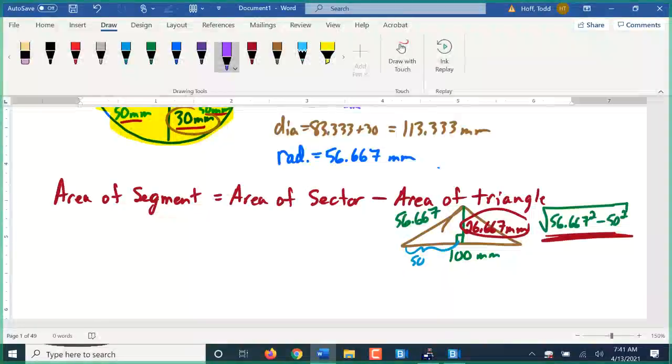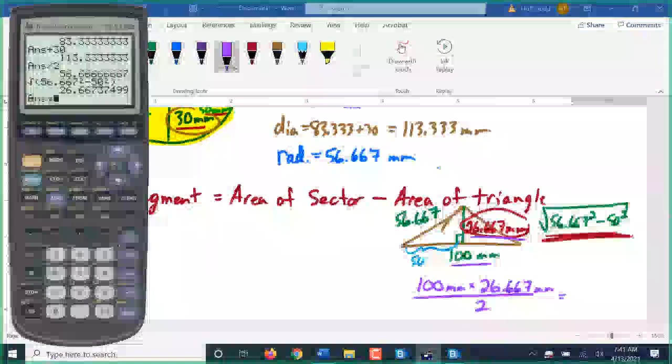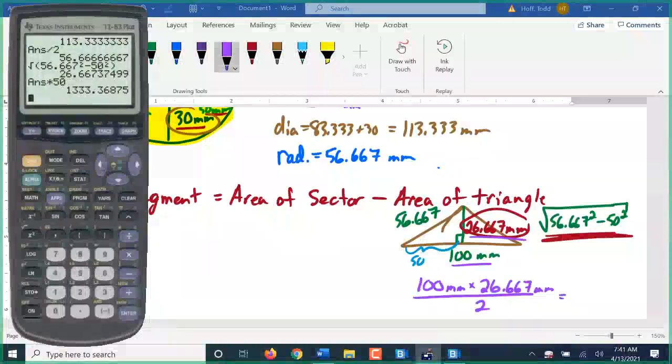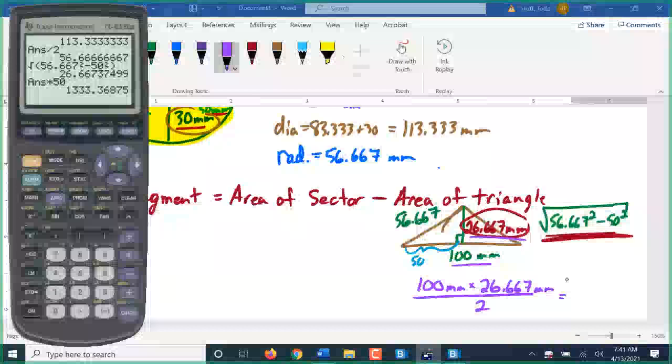So anyway, the area of that triangle then will be the 100 for the base times that height, 26.67, divided by 2. That gives us 1333.37 approximately.